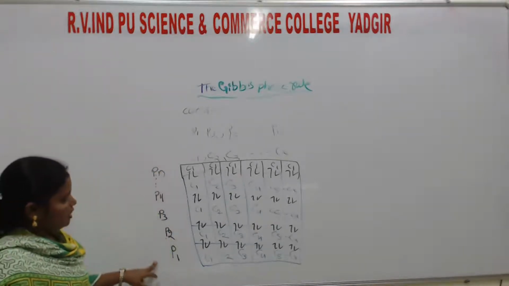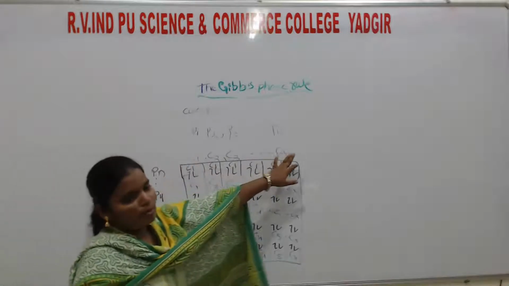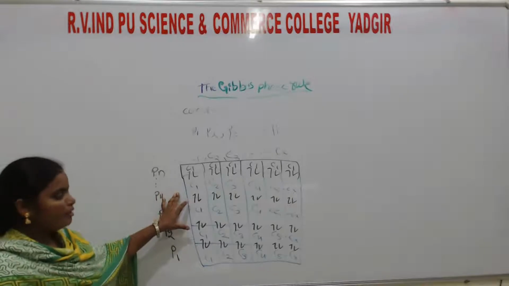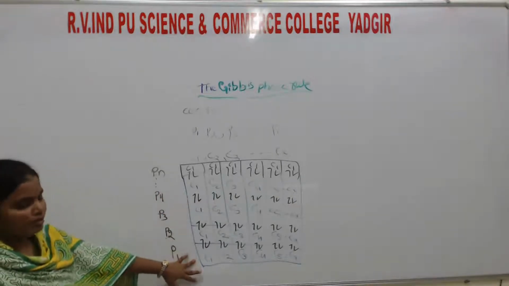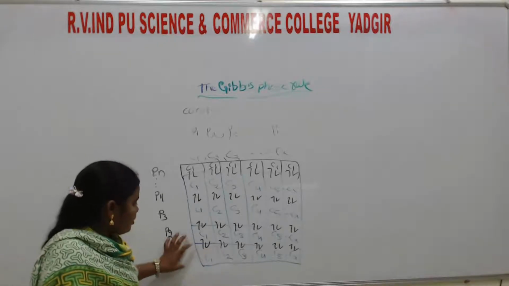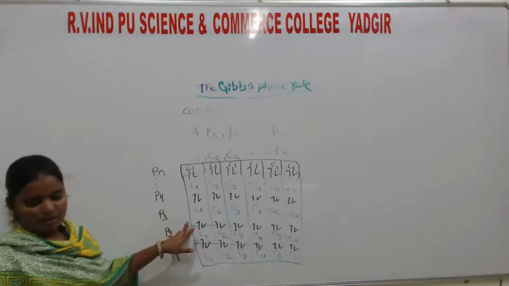These are the phases, and these are the components. Here the variables you take are the temperature and pressure. Here is the transformation of a component from one phase to another phase.